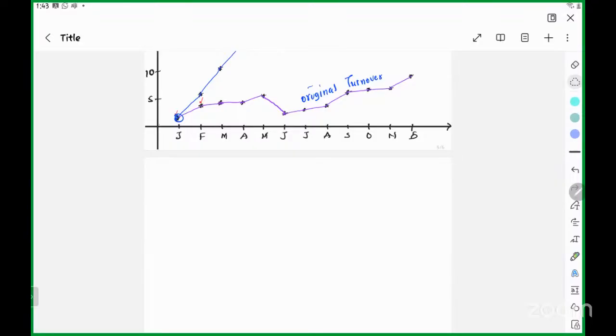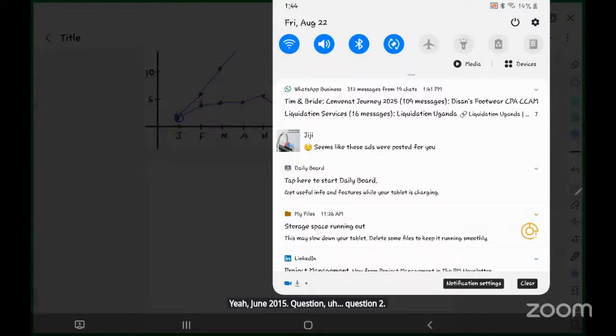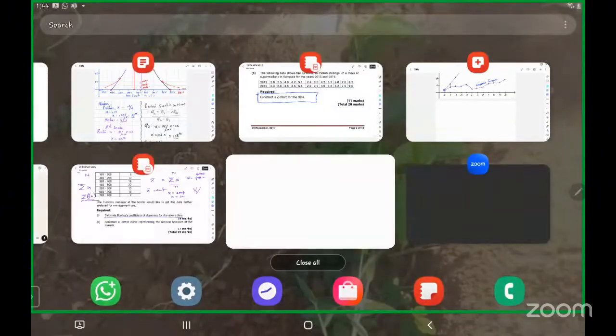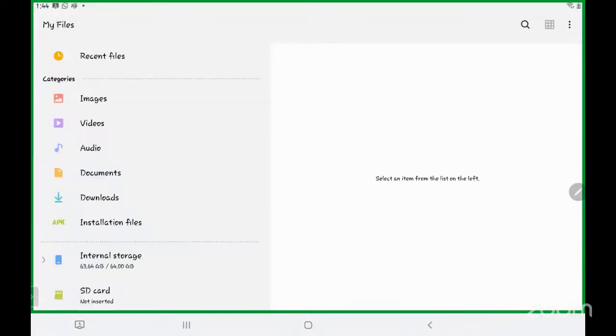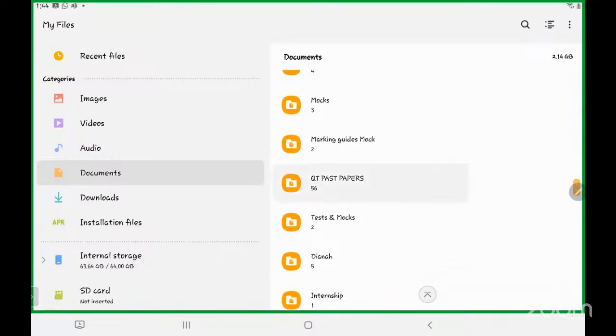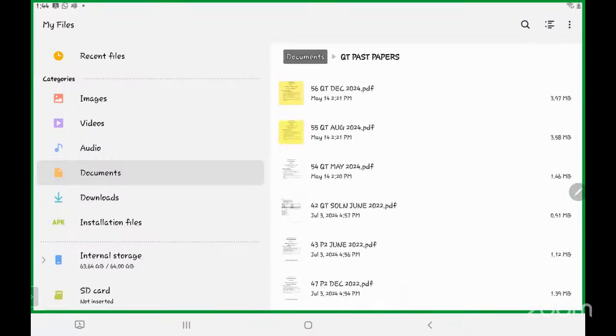Yeah, June 2015, question 2. Did I do interpolation and extrapolation? We did? Yeah. Okay.